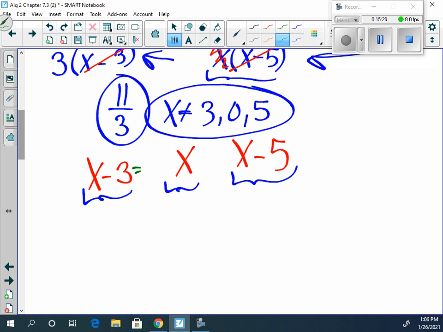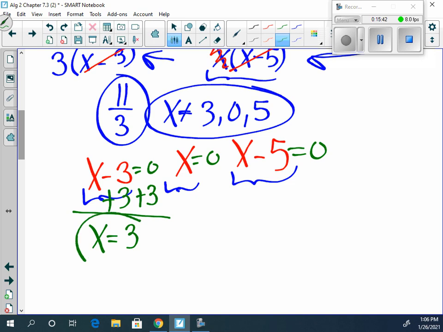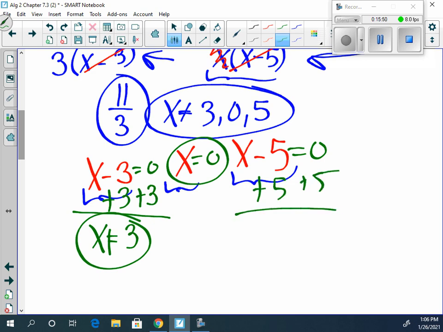As we're looking at these here, we're really just setting each one of these equal to 0 and solving. So here I would add 3 to both sides, telling me x is equal to 3, or what it can't be. Here we're pretty much done because it's saying x equals 0. And lastly, we would add 5. Can't do that. Any other questions on any of this here?